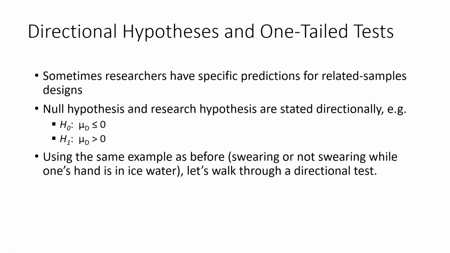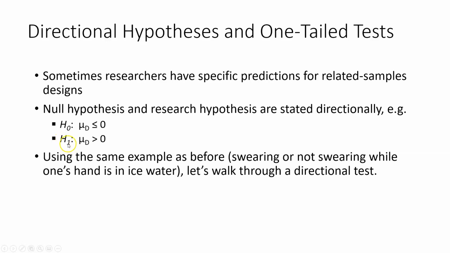But we don't always use a two-tailed non-directional test. Sometimes we might have a specific hypothesis for related samples designs, in which case we would write out our null and alternative hypotheses slightly differently. So, as always, when you're doing the directional kinds of tests, it's easier to start with the alternative hypothesis because it's more intuitive.